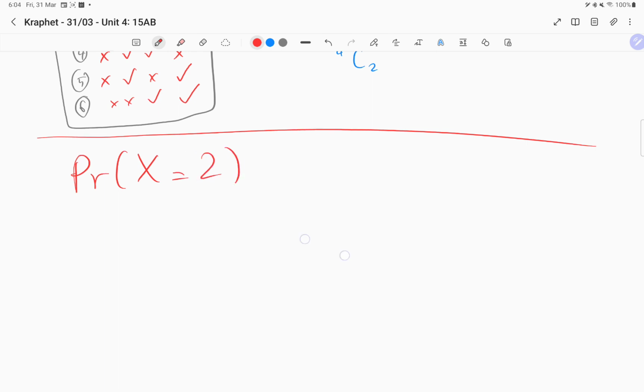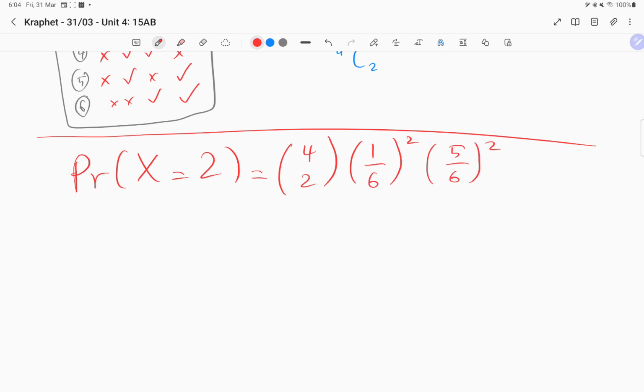So what we did earlier: 4 trials, 2 of them will be success, and the probability is 1/6 to the power 2, times the probability of failure, which is 5/6, and there will be 2 failures.